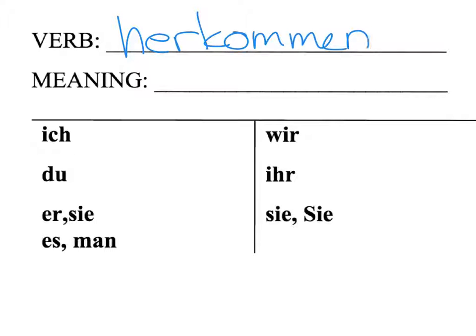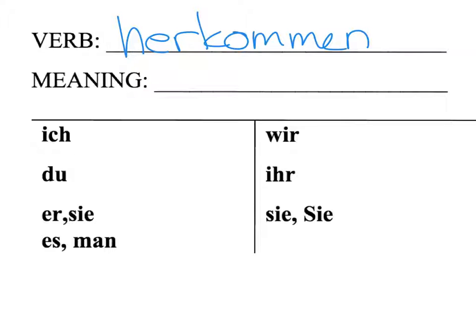Next one. Herkommen. Good guess. Remember the question word, where? There's three different versions of it. There's wo, woher, and wohin. The her is related.